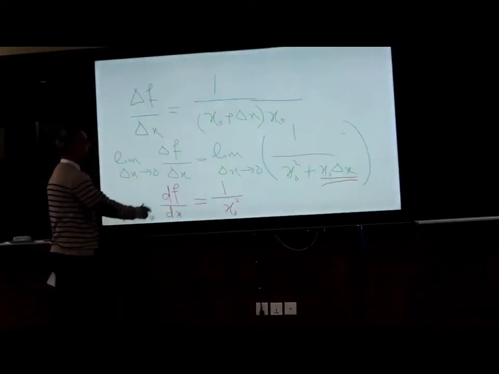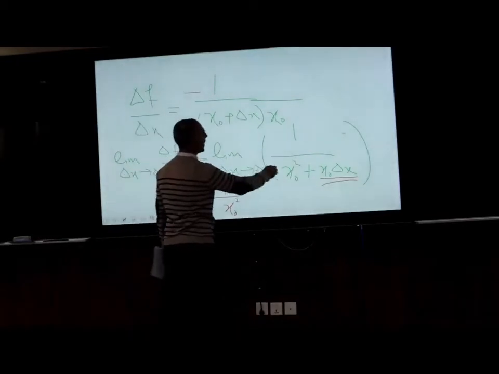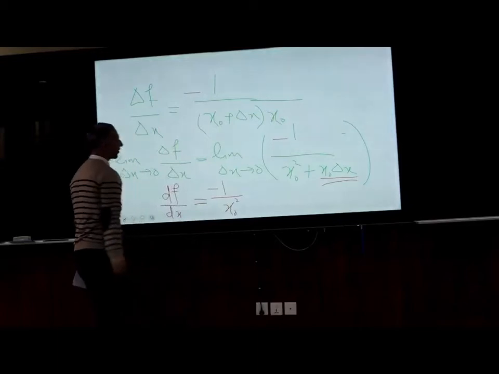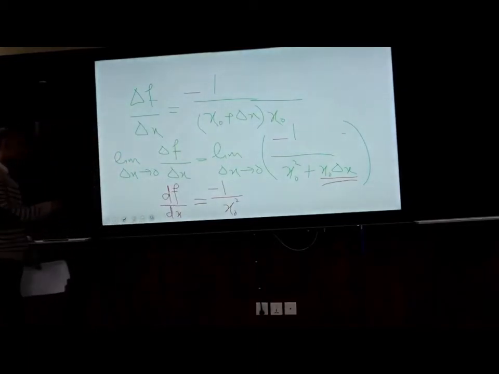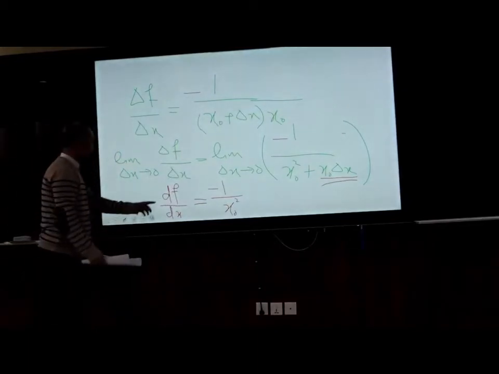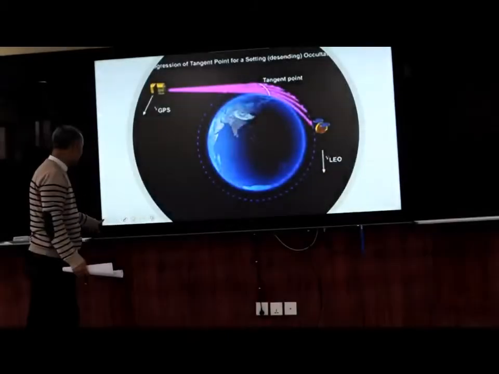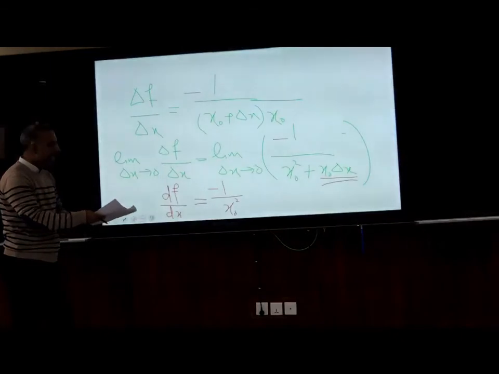It will go here, negative sign, and of course we will have a negative sign here. So this is the output of this function.